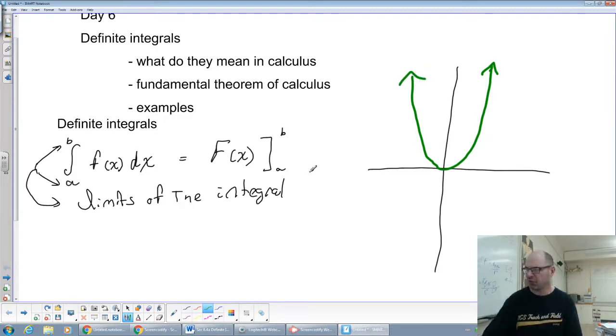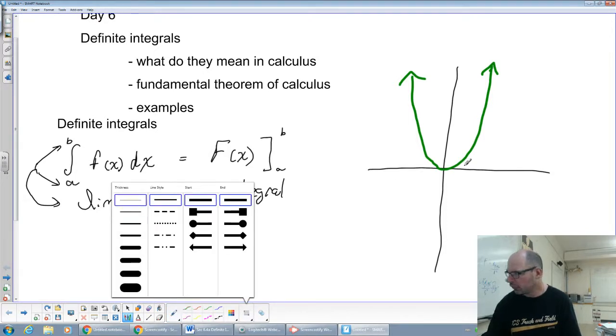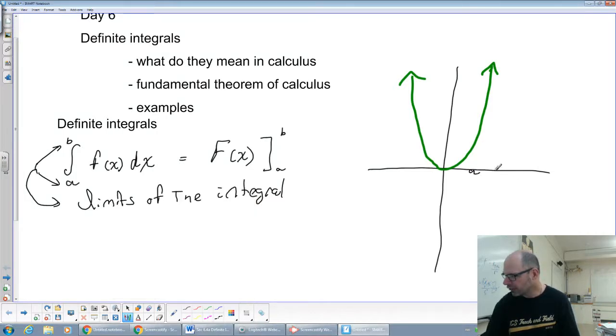So if we're doing from B to A, so this would be A here. Say A is right here, and this is B right here. So what we want is this area here.